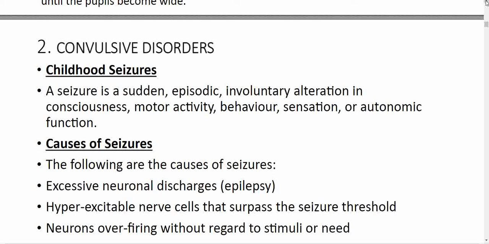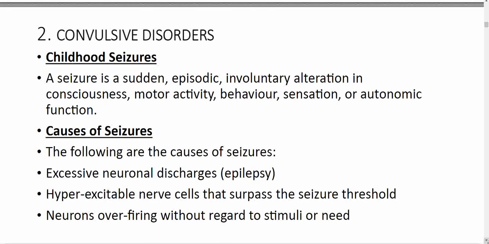What I'm trying to say is that a seizure is defined by the symptoms, like sudden alteration in consciousness, you start to tremor, convulse, behave in a weird way, and sensation and autonomic function change suddenly. So what can cause seizures? The main cause is normally a burst of electrical discharge in your brain. That is what we call excessive neuronal discharge, as in epilepsy, with hyperexcitable nerve cells.